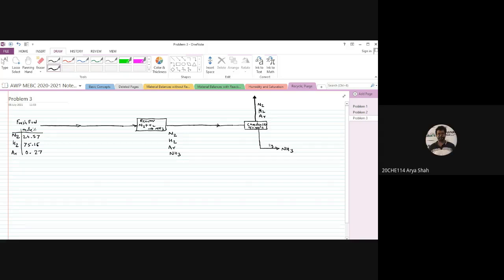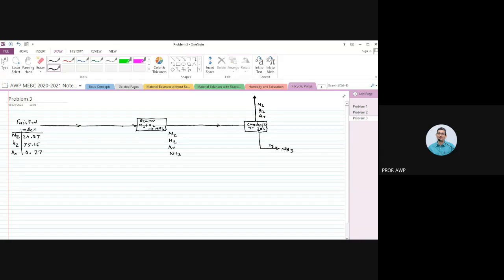Yes, if we condense it to a temperature where the vapor pressure is negligible, correct. Right now I'm just saying 50 degrees centigrade, but suppose I cool it down to 20 degrees centigrade, then partial pressure will be equal to vapor pressure at 20 degrees centigrade.